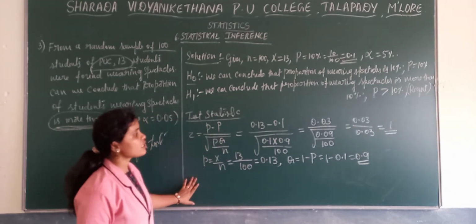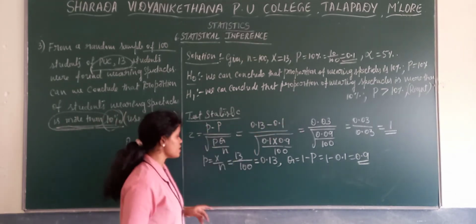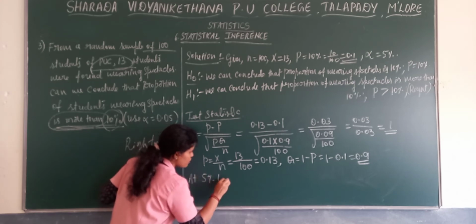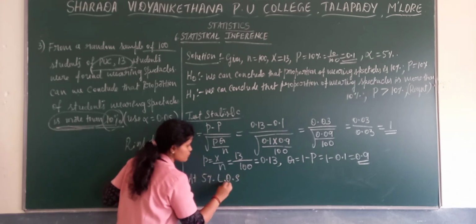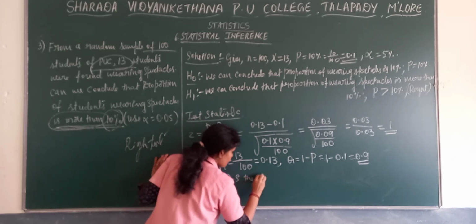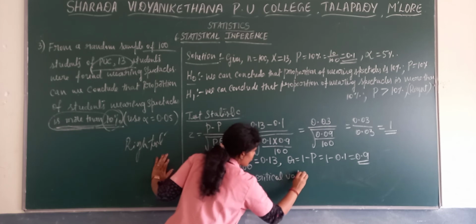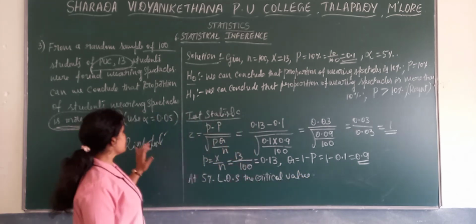Now see the level of significance there, it is 5%. So here at 5% level of significance, the critical value: see, it is a right tail test.